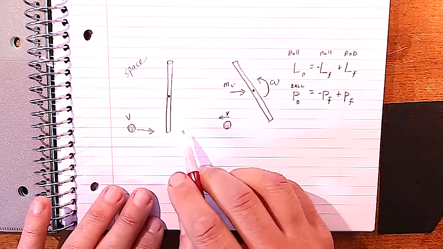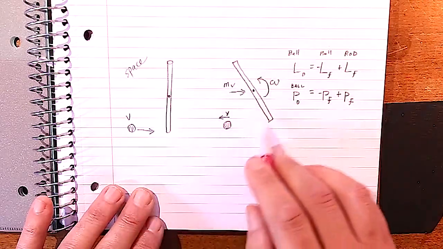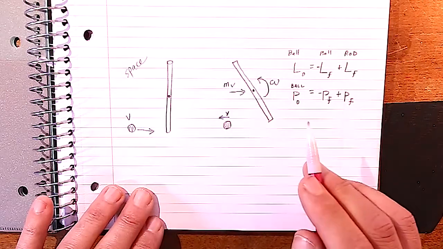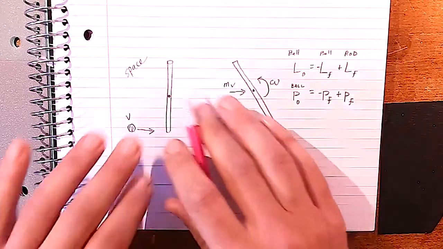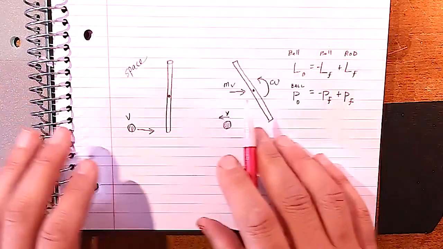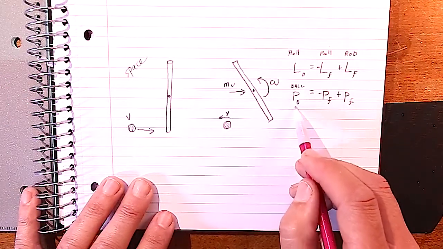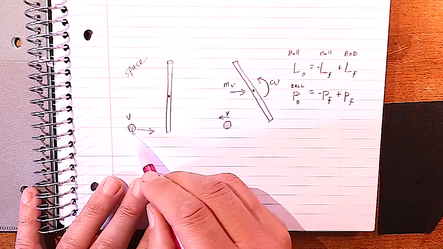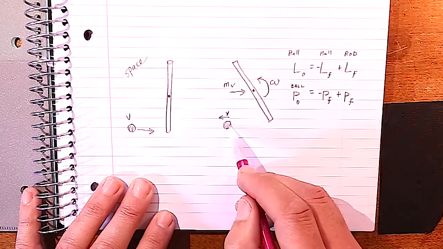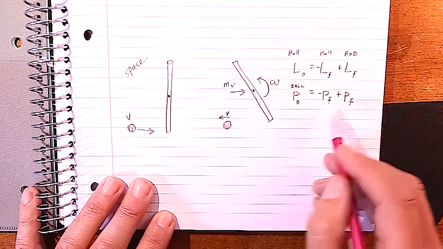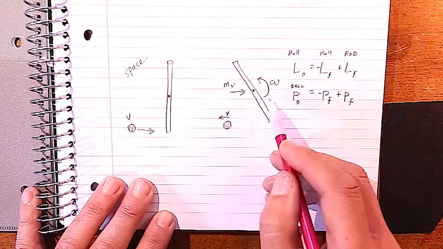So the first question to ask is, is linear momentum conserved? Are there any net external forces on this system? No. There's forces of the ball on the rod and the rod on the ball, but there's nothing outside that's external pushing on it. So we can say that the initial momentum of the ball has to be equal to the negative momentum of the ball after the collision plus the linear momentum of the rod after the collision.